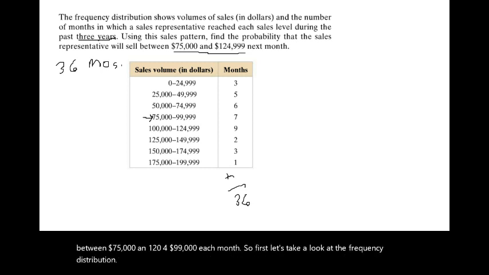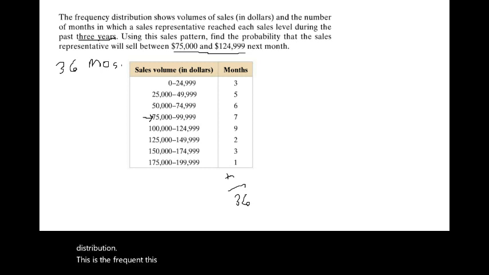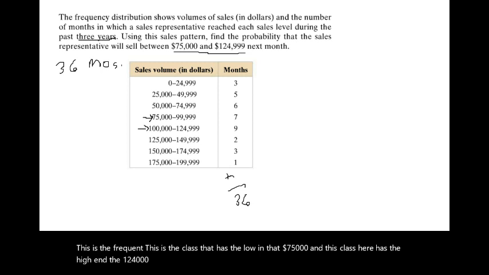This is the class that has the low end, that's $75,000, and this class here has the high end, the $124,999. So these are from 2 different classes. This range of dollars spans 2 different classes.